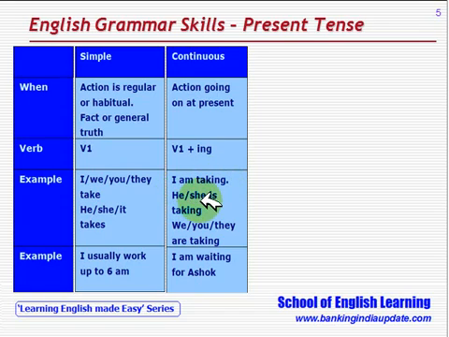He or she is taking. We are taking. You are taking. They are taking. And another example, I am waiting for Ashok. So present continuous is used when action is going on at present, and here first form of verb is supported by ing.